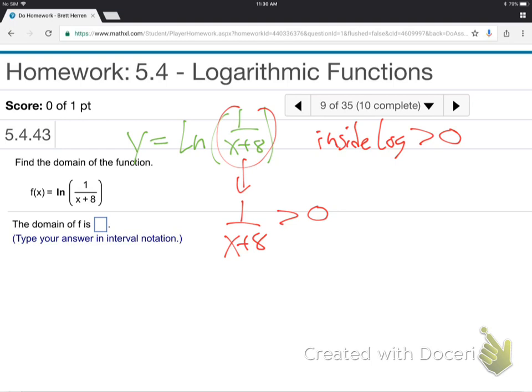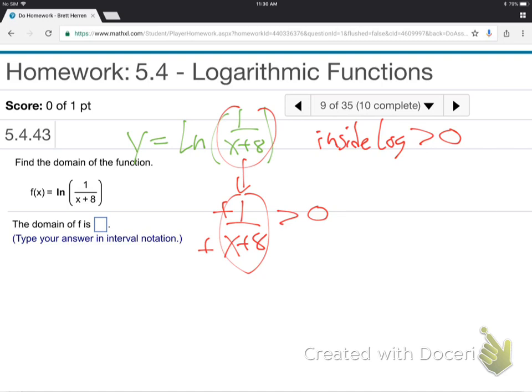The bottom has to be greater. How do we find that? What's going to make this greater than 0? Positive, in other words. What's going to make that fraction positive? The top of the fraction is already positive. So if the bottom is also positive, then the whole thing will be positive.